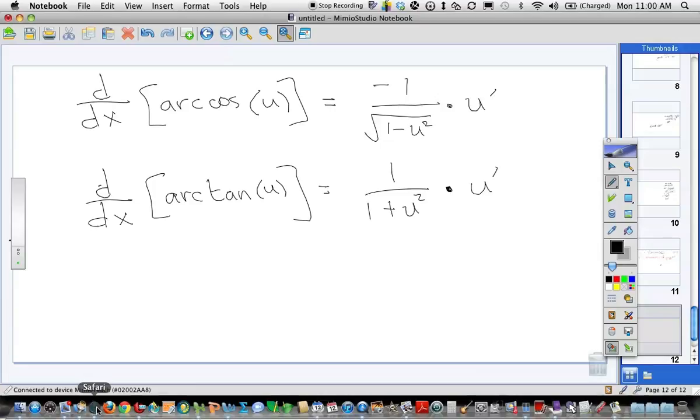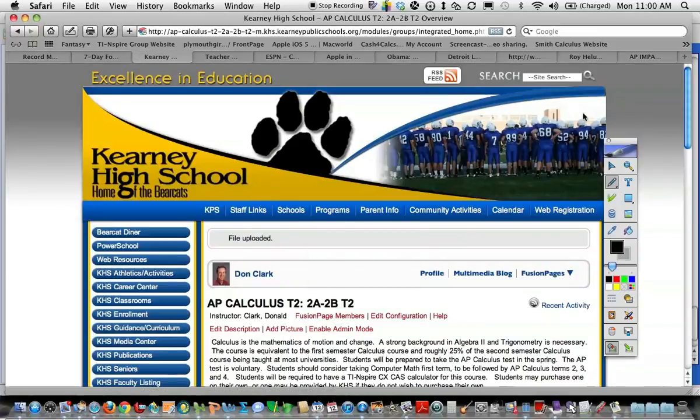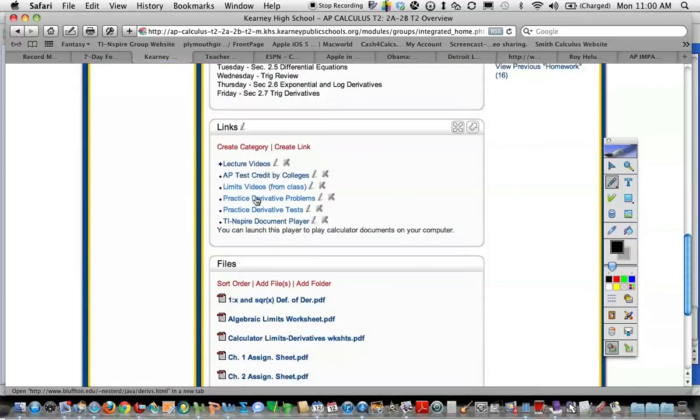Alright, so let's go back to what we were doing earlier where we tried a few of the problems here. Remember on my website, I've got these two links for some practice problems.